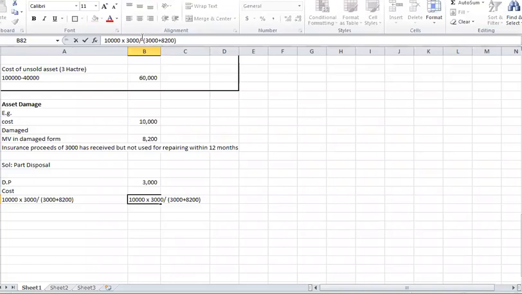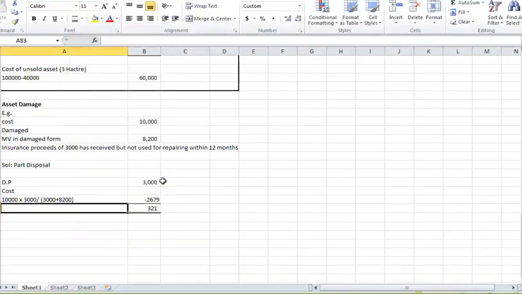So let's apply the Excel formula here as well. £10,000 multiplied by selling price, divided by selling price plus market value of the unsold asset. So this is the cost, and this is your capital gain.